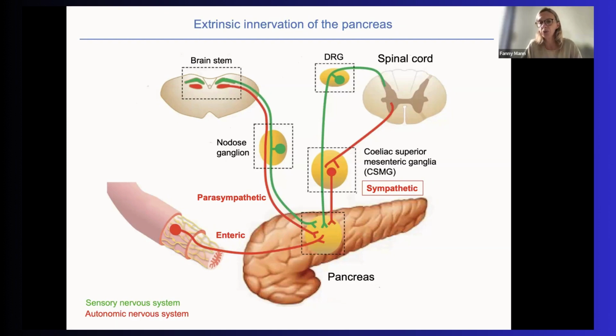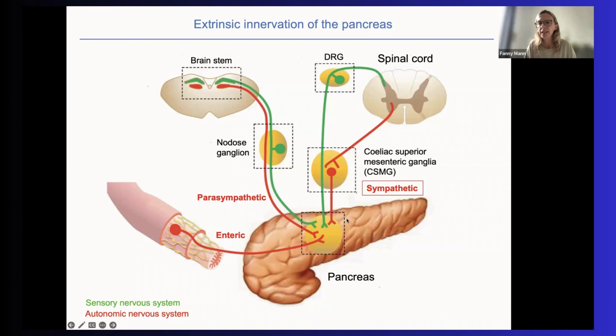What you have to know is that the sympathetic neurons that project to the pancreas have their cell bodies located outside the pancreas in a group of ganglia called the celiac superior mesenteric ganglia. And these are adrenergic neurons, so their main neurotransmitter is norepinephrine, which acts on adrenergic receptors expressed on their target cells.